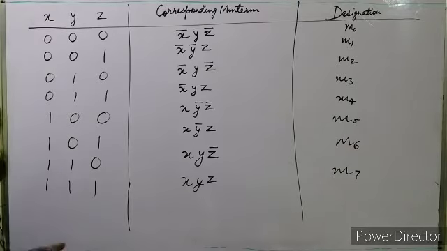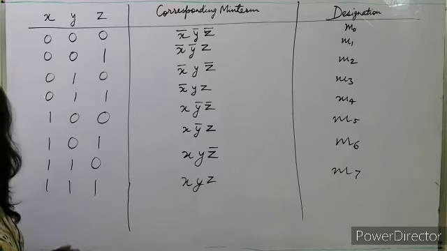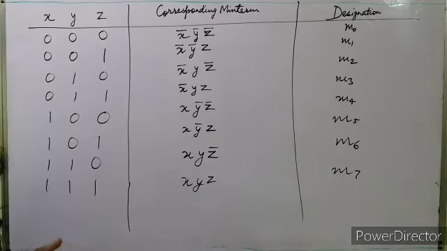So in canonical form, in min term, if the number of variables is 3, the total number of terms, total number of functions, will be 2 to the power n, 2 to the power 3, that is 8. So 8 terms are there.